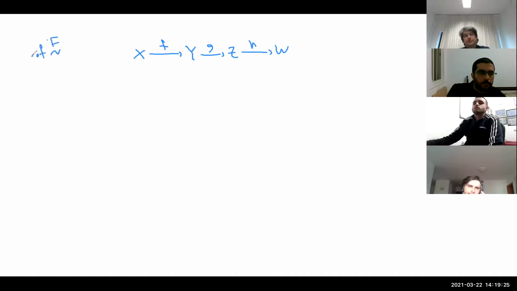So if we have this case of a primary Toda bracket and two null homotopies, we have a null homotopy F for this composition and a null homotopy G for the other composition.